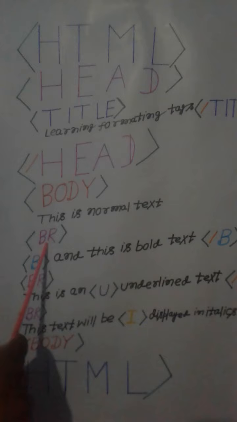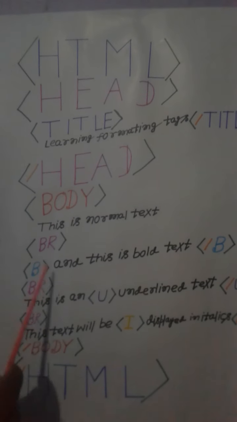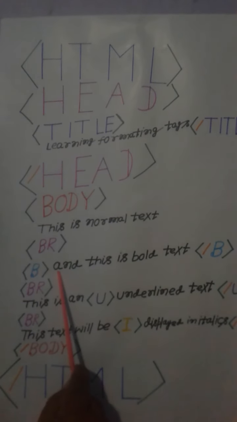And we give BR. BR tag means break, it breaks the line. And we write this is a bold text within B tag. See here, B is used to bold the text, so whatever you write here will be bold or deep in color.